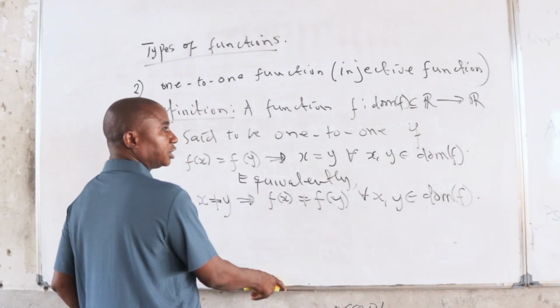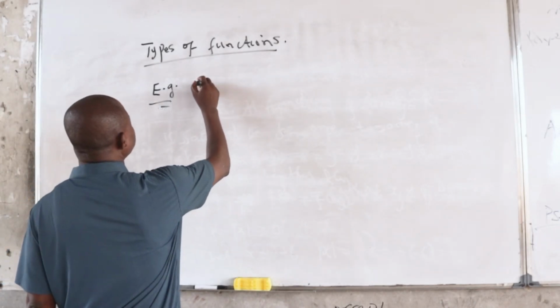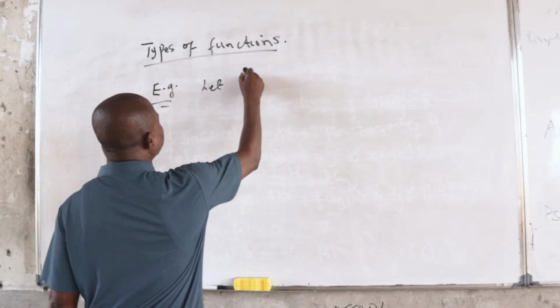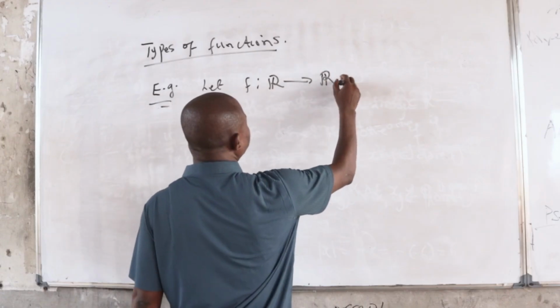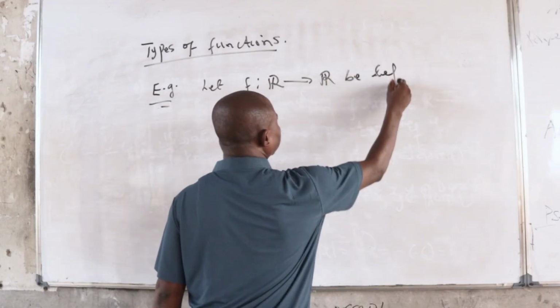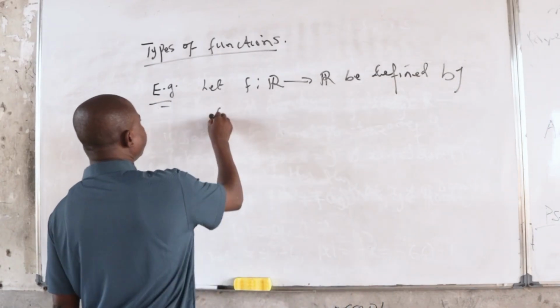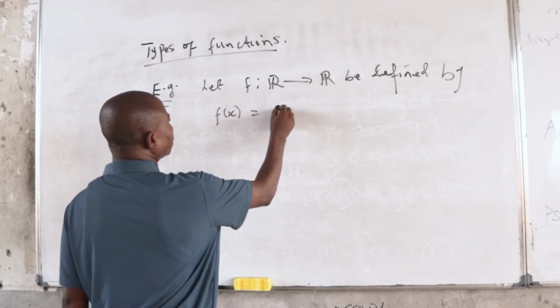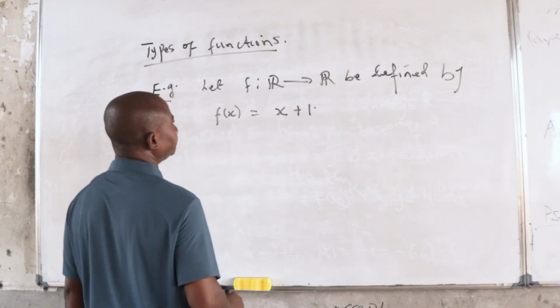Let us give examples. Let's consider the function f, which we define on R into R. f of x is equal to x plus 1.